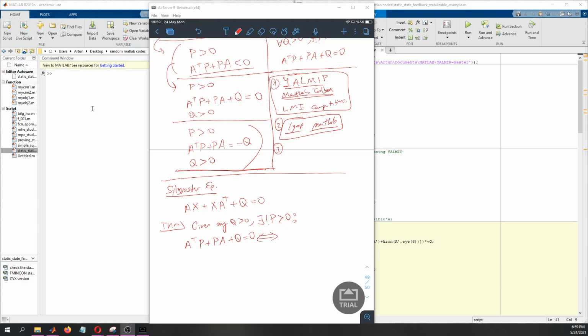If this condition is satisfied, if and only if, the given dynamical system is globally asymptotically stable. This probably sounds familiar to you at this point.